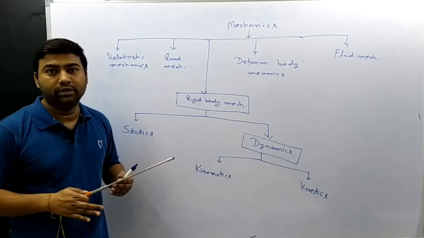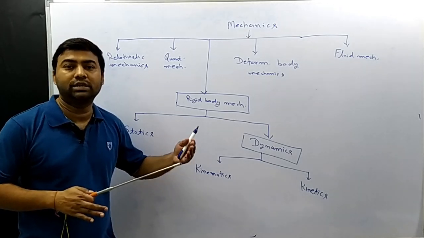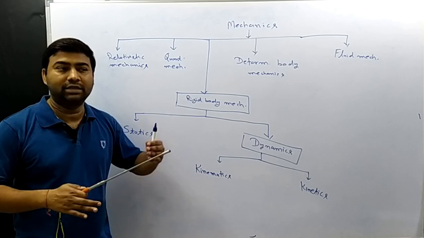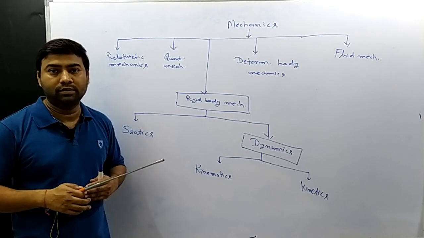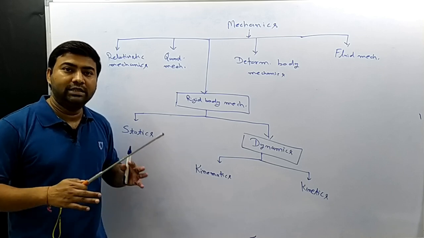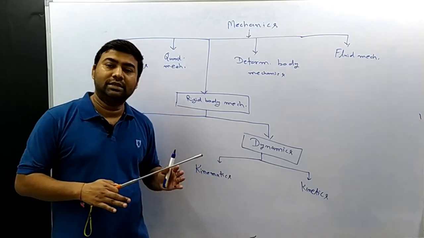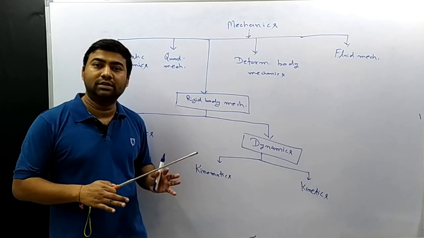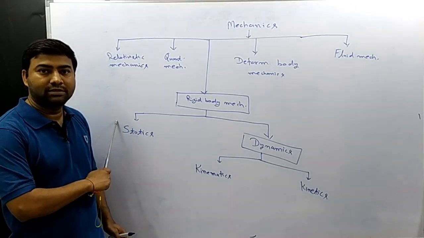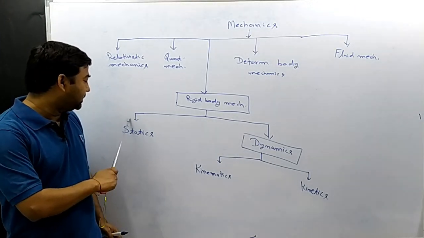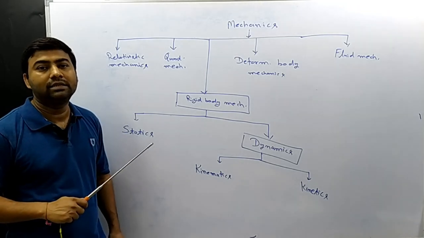That is called equilibrium: a stationary state or a constant motion state, constant translatory motion or constant rotational motion. This state of any system or body is called the stationary state or equilibrium state in physics. So the study of forces under equilibrium conditions is carried out under statics.